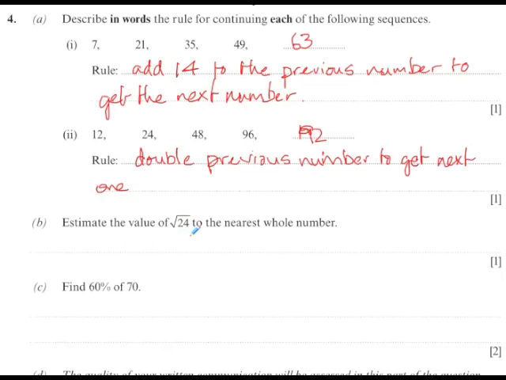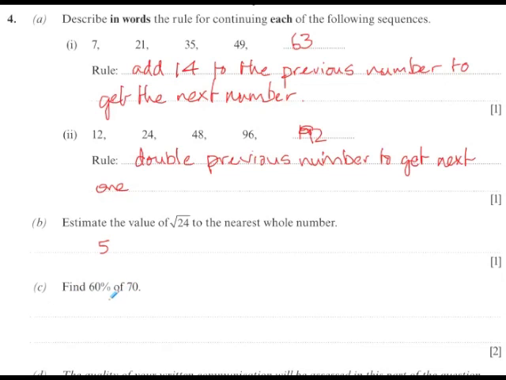So we've actually gone higher now. So 5 by 5 seems roughly right. 4 by 4 is 16, which is a little on the low side. I would suspect the square root of 24 is something like 4.8 or 4.9. But look, it says to the nearest whole number. So we said 5 by 5 is 25, so the best estimate we can give is 5.